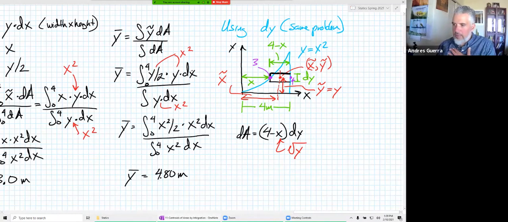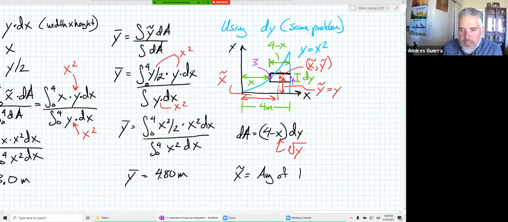Anybody? 3.5. Right? That was easy, wasn't it? Because it's just right in between. Okay, so if that's 3 and that's 4, now what equation is that coming from? Conceptually, it's just right in the middle. The equation, though, is that x tilde is really the average of the left and right of the rectangle.